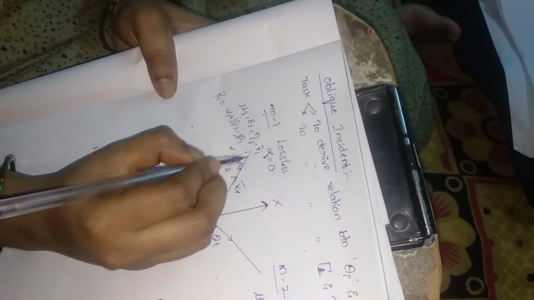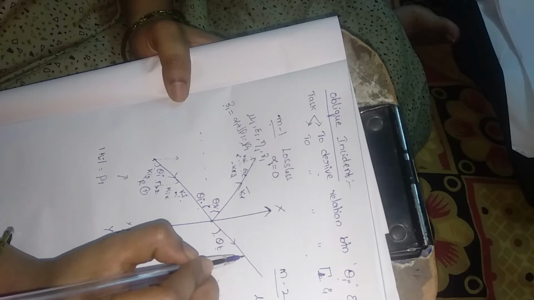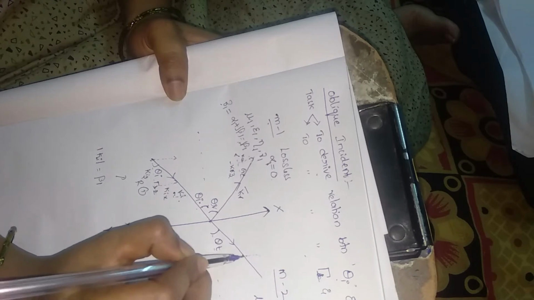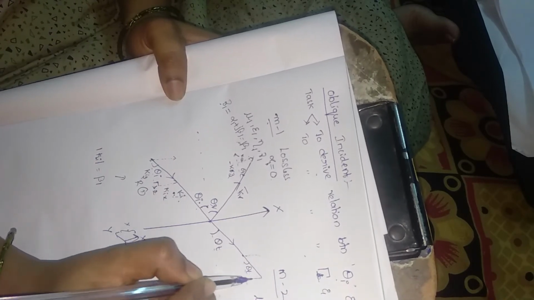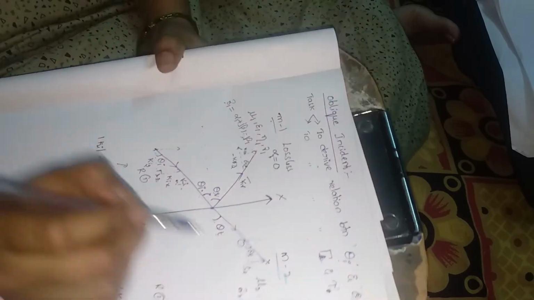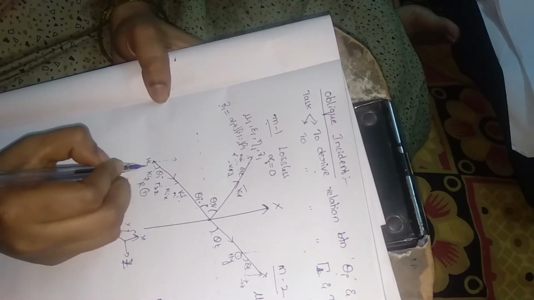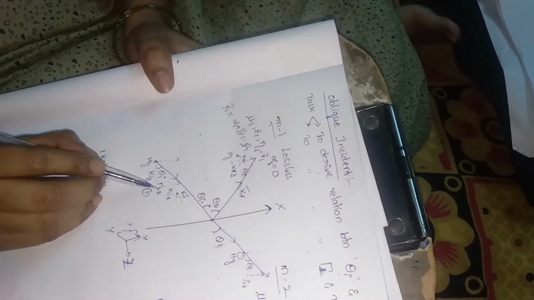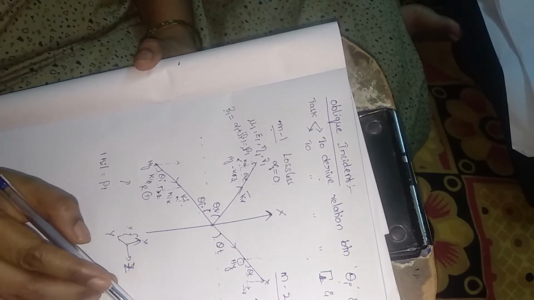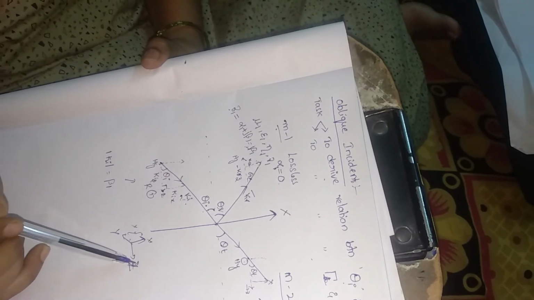And here it is krx. Here also the propagation vector makes an angle along the z axis, here it is the x axis, and along the y axis there will be magnetic field components. Along the x axis we are taking the electric field, and there will be a certain amount of electric field through the wave propagation. So the boundary I am taking is the xy plane or the z equals 0 plane.